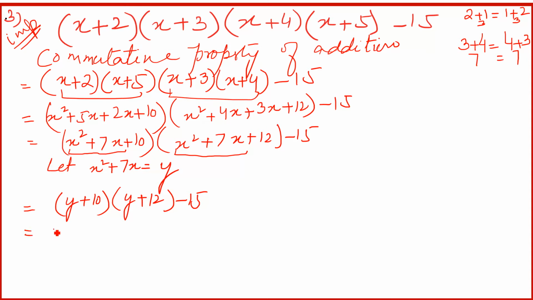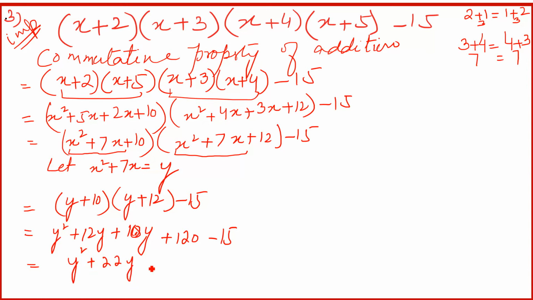Now we will multiply: y square plus 12y plus 10y, this is 10 times 12, 120, minus 15. So it is equal to y square plus 22y plus 105, right? 120 minus 15 is equal to 105.